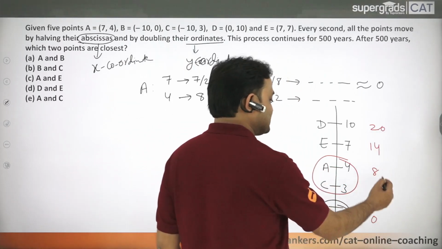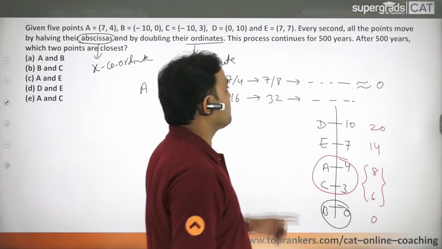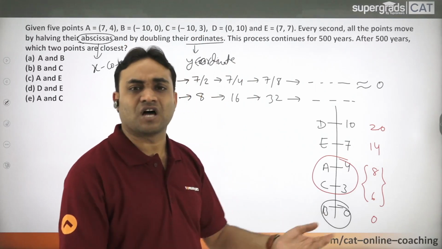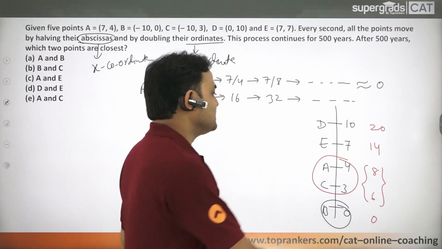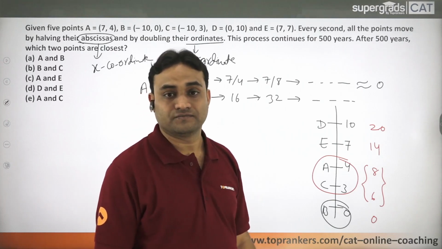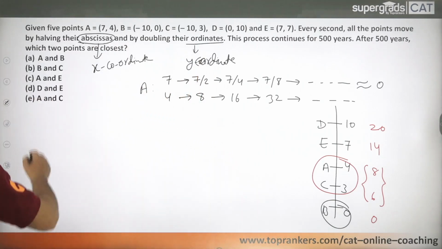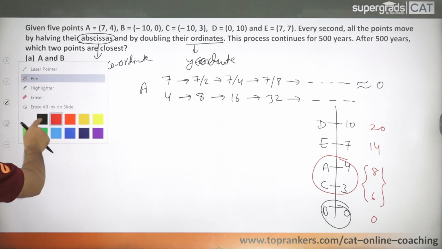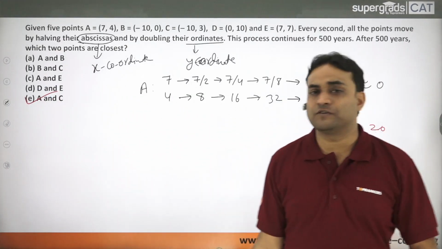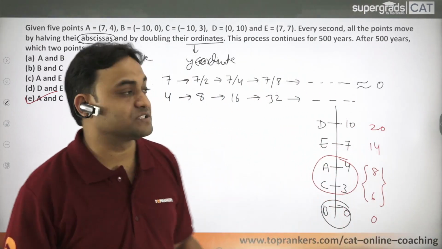Of course, A and C are still closest after one such process. So even after 100 such processes, or 1000, or infinite, these 2 points will be closest to each other. So what's our answer here? A and C. It was very easy to figure out that the x coordinate of each of these points will become 0. We only need to consider the y coordinate.